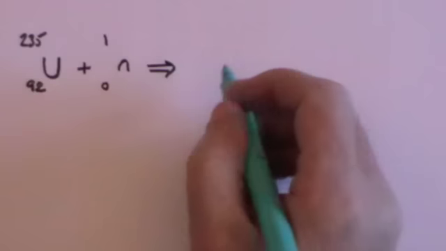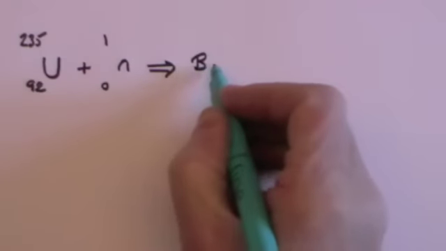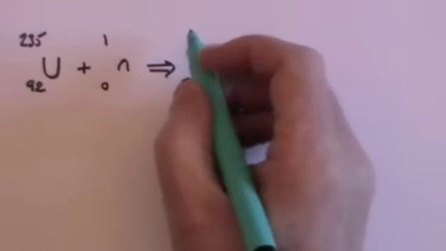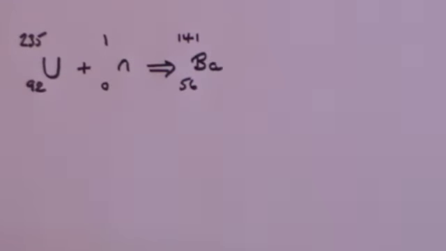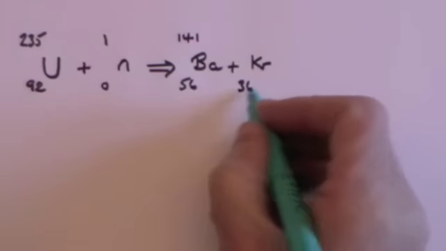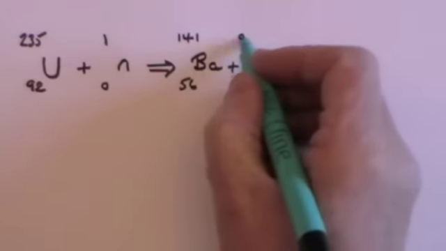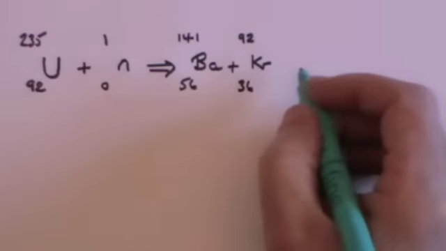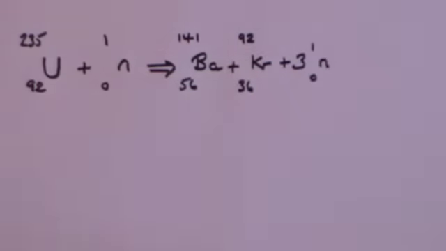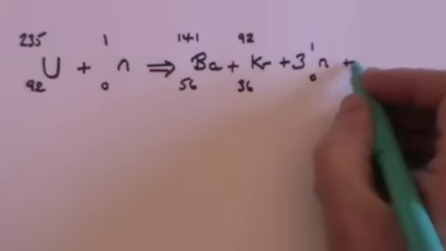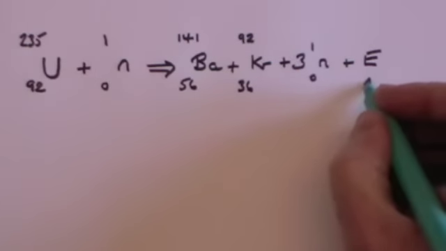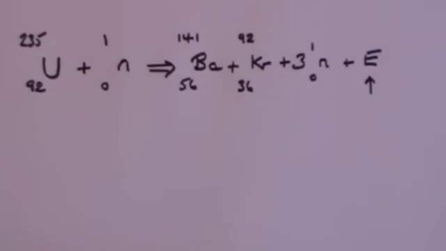And that, we said, produces barium, which has 56 protons and 141 protons plus neutrons, plus krypton, which has 36 protons and 92 protons and neutrons, plus three neutrons, which of course have no protons, one neutron. But you also get something else, and that something else is energy. And that energy is typically given off in the form of heat or light.